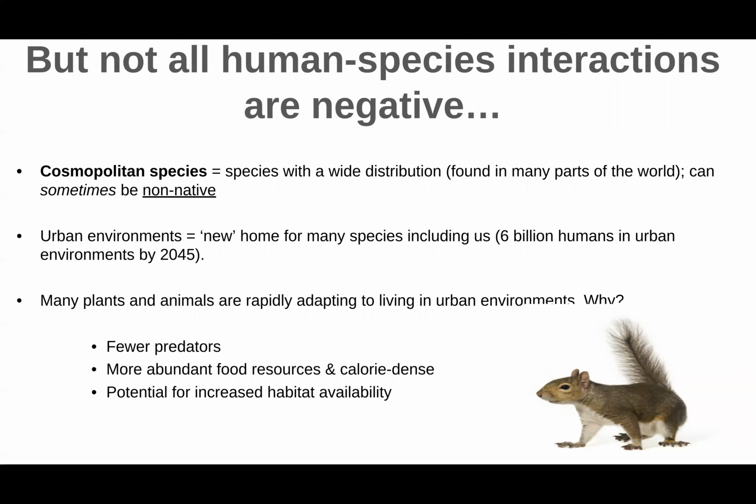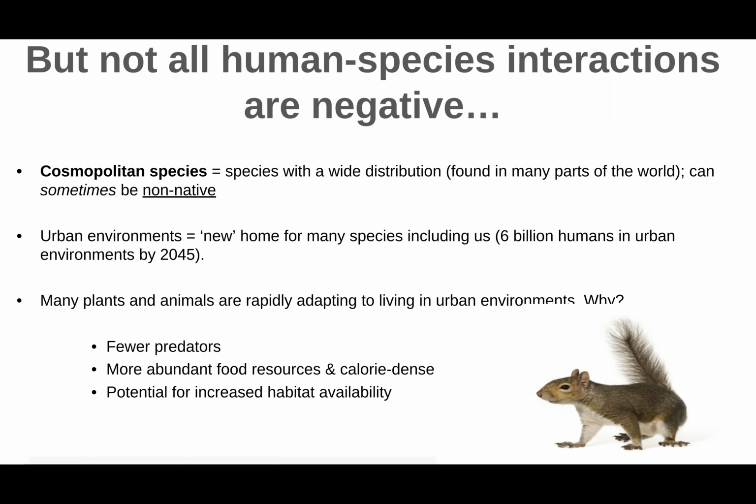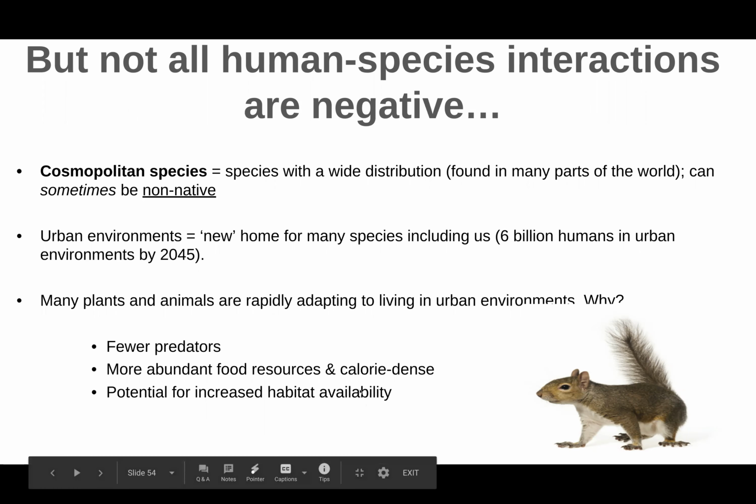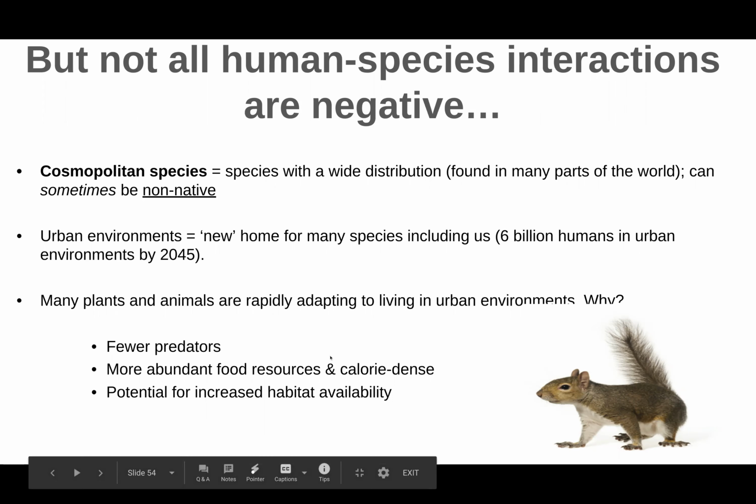One reason is that there are fewer predators in urban environments, right? You don't see very many jaguars walking around cities. There's also much more abundant food and much more calorie-dense resources inside cities, right? So think about a mouse chowing down on some Domino's, very resource intensive.